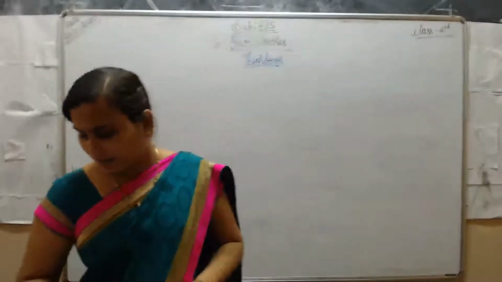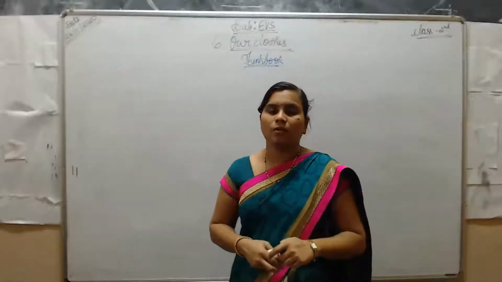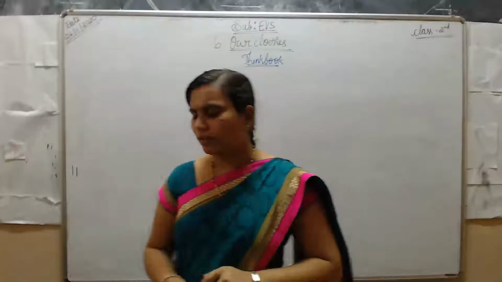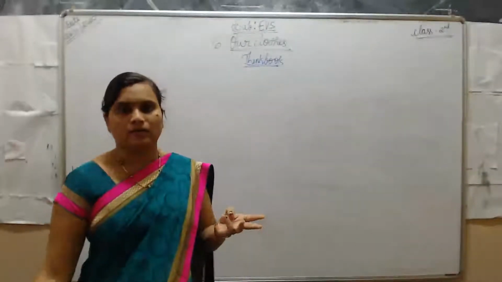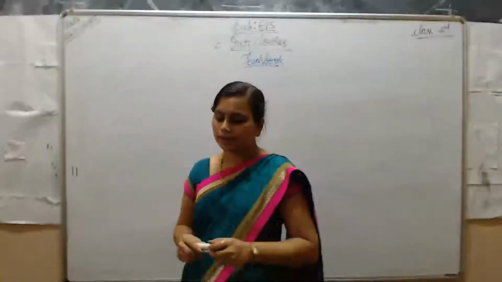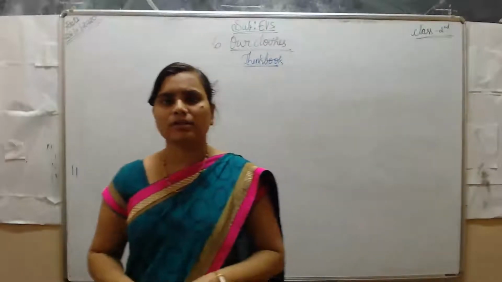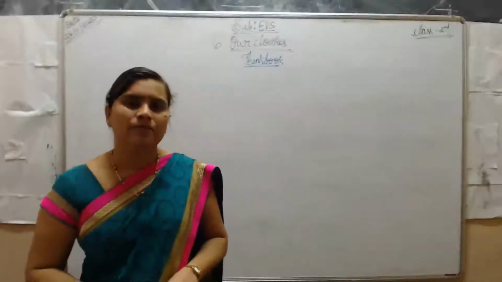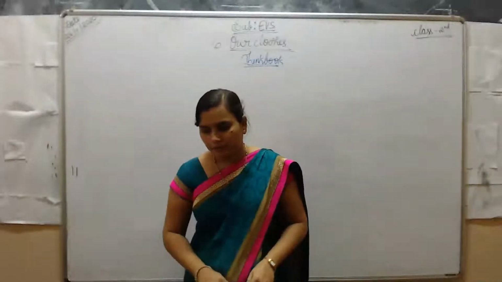Students, we learned about the different types of cloths. What are those? Cotton cloth, woolen cloth, silk cloth. These are the different types of cloths. When do we wear cotton cloths? We wear cotton cloths in summer.